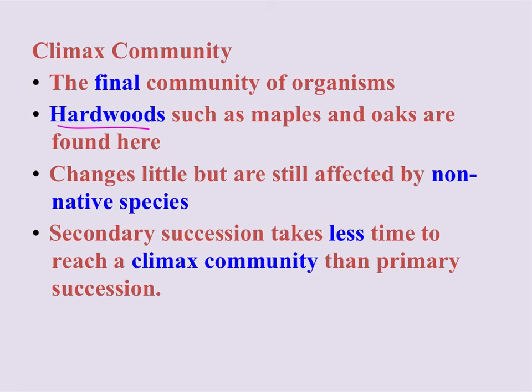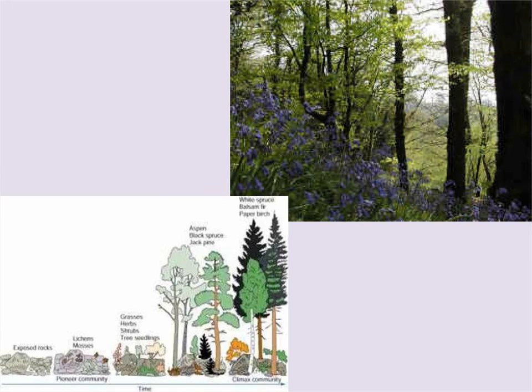So climax community is not going to change very much, but they can still be affected by those exotic non-native species we discussed before. So you're going to reach climax community much faster if you're dealing with secondary succession than primary succession. Obviously.